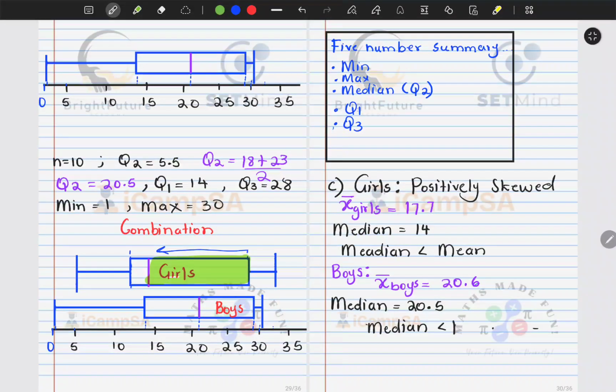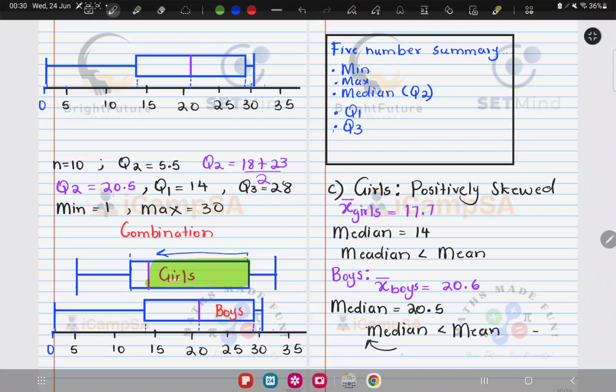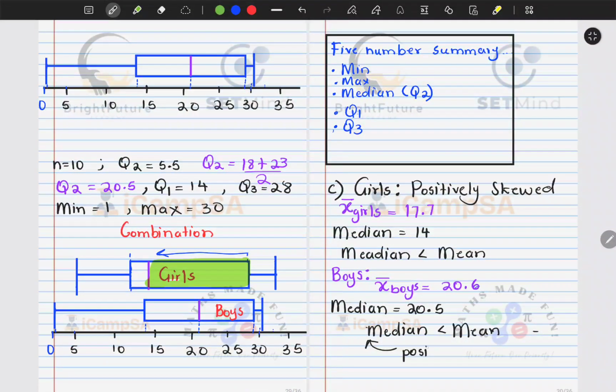Okay. So this is exactly the same thing. Your median is sitting on the left of the mean. So this means you get the same answer, which is positively skewed.